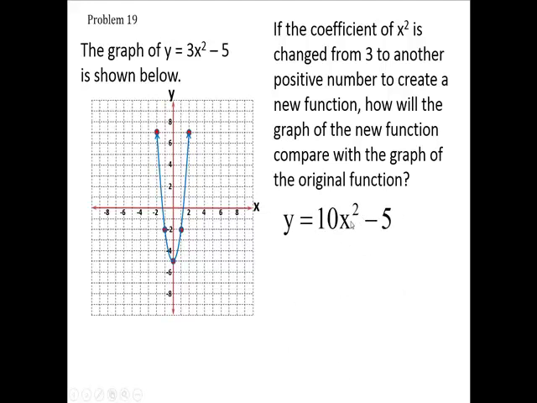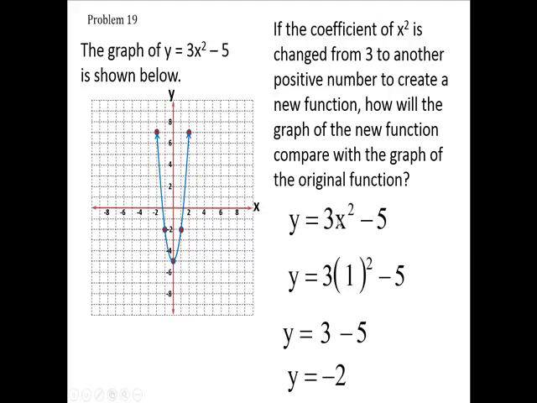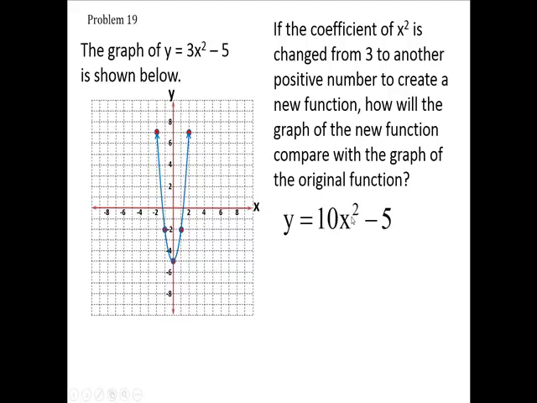Now, what happens if we change this from a 3 to, say, a 10? What's the new graph going to look like? Plug in your 1. 1 times 1 is 1, times 10 is 10. Take away the 5. So you have the point (1, 5). Start at 0, go 1 to the right, and go up to the 5.